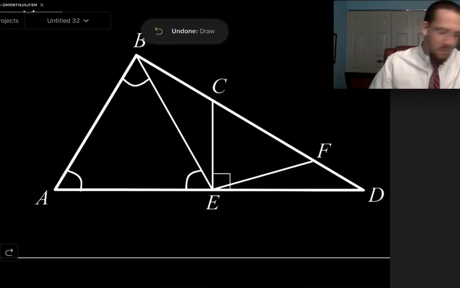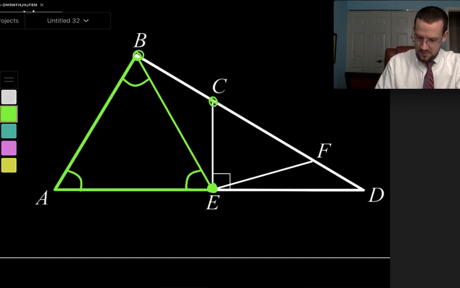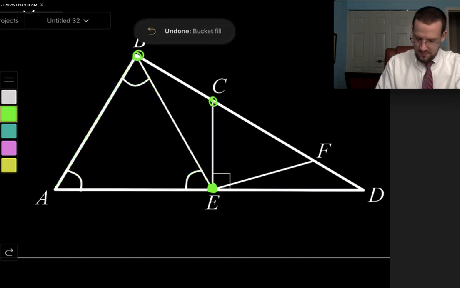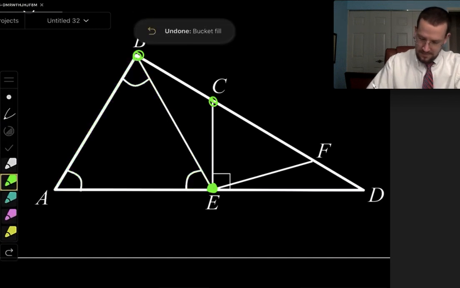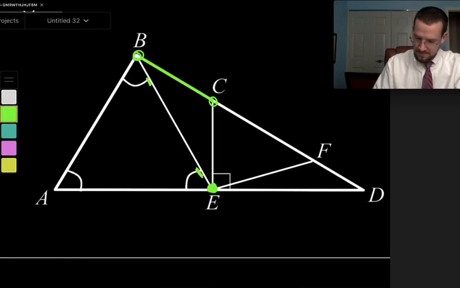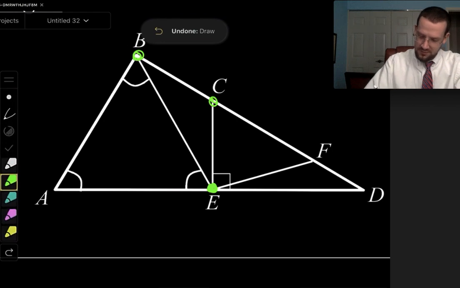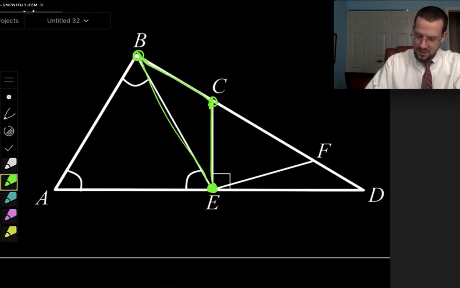Let's look at triangle BCE. Okay, triangle BCE. Well, it looks like we have one acute angle in here, right?